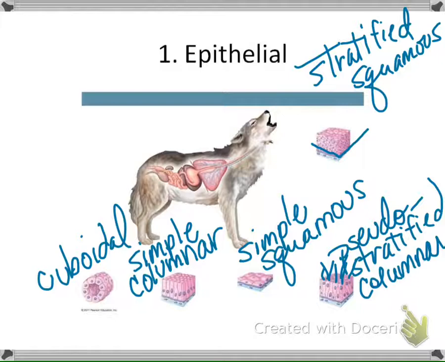Here at the base, at the basal lamina, is where new cells are formed and old cells are pushed up and then eventually sloughed off. And these are found in places that take a lot of abrasion, like your skin and the linings of your mouth.